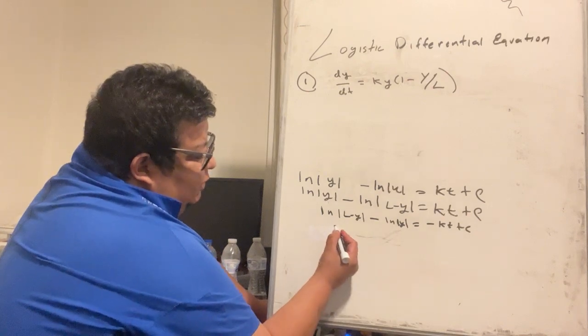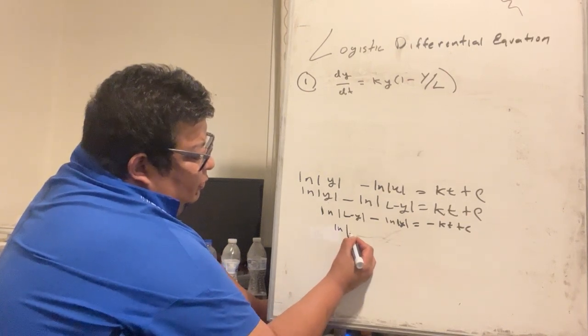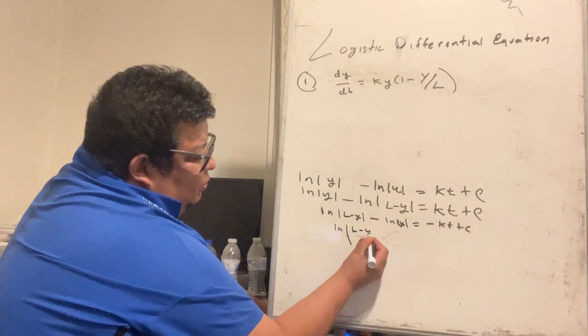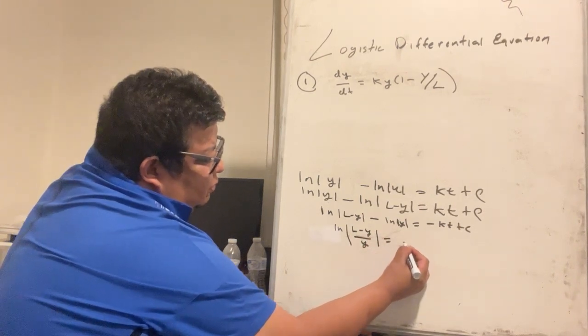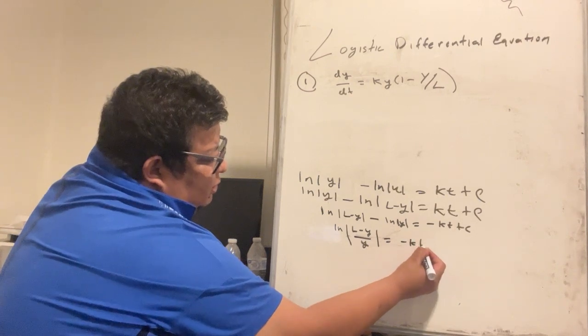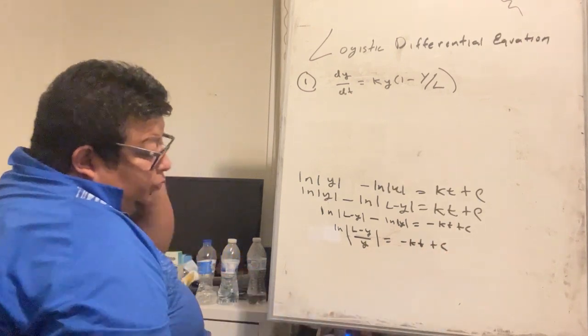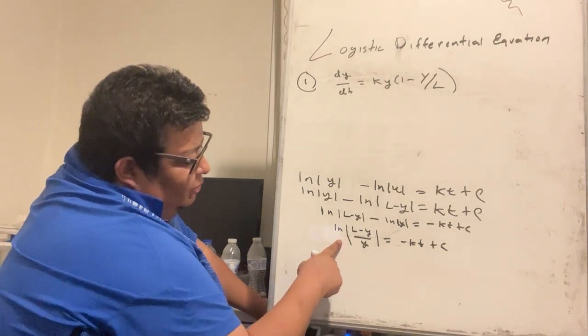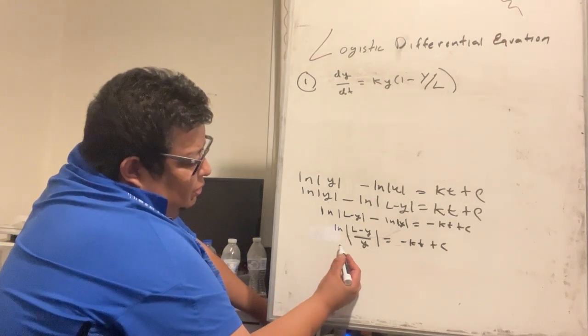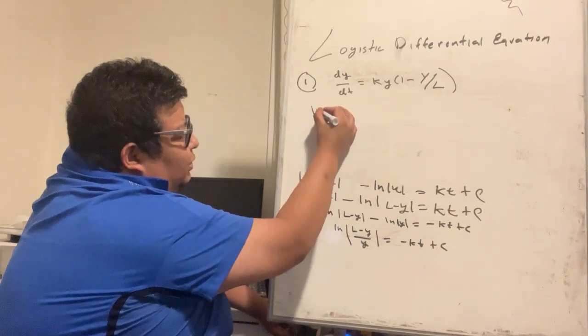Okay, so now we'll have ln of the absolute value of L minus y over y equal to minus kt plus c. The reason I did that is because now, look, this becomes an absolute value.